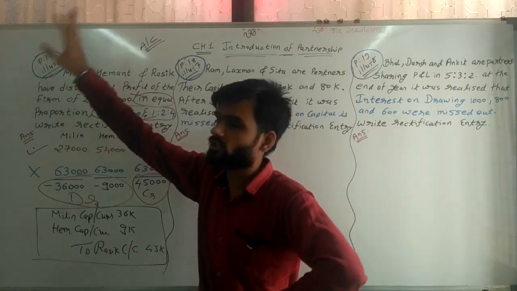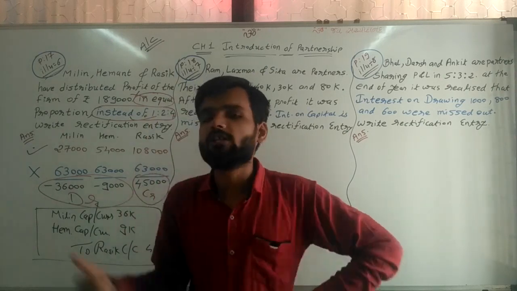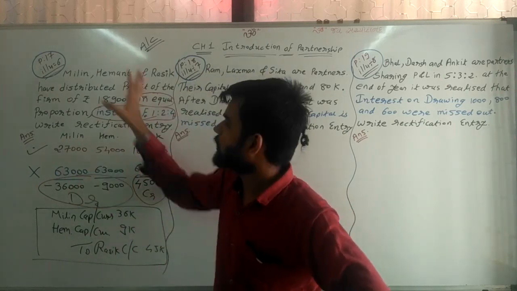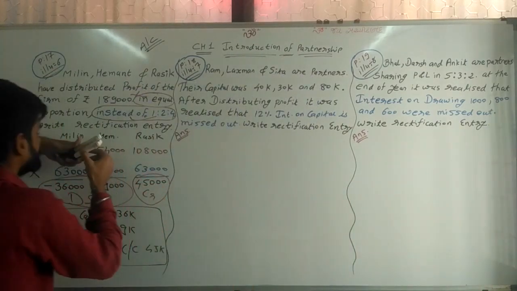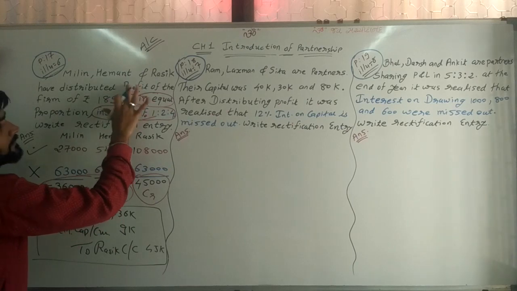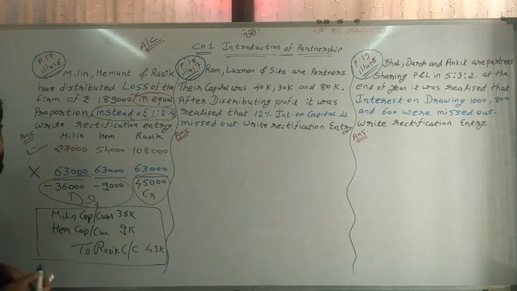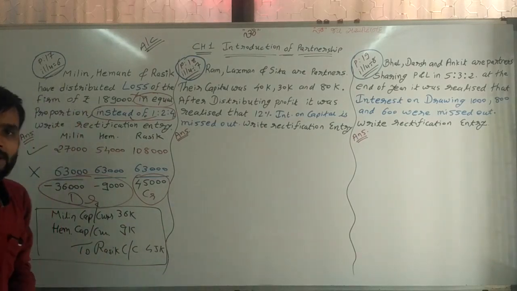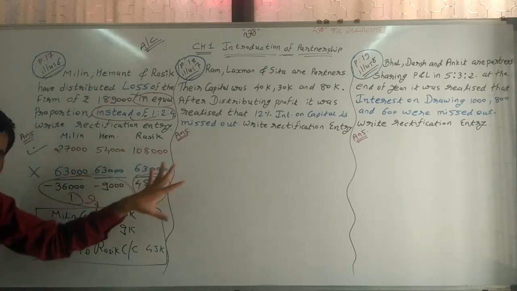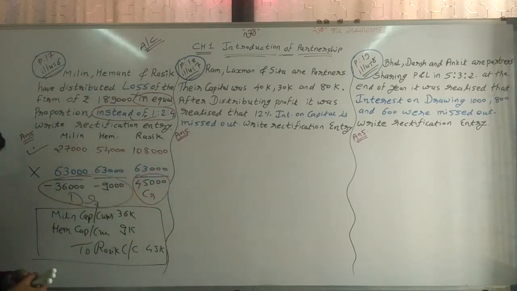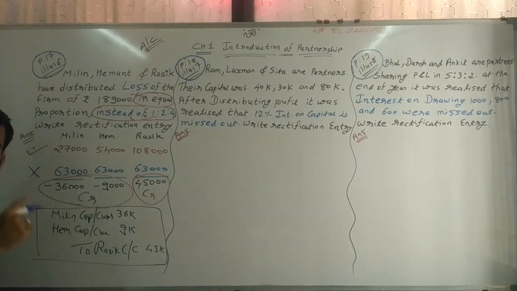So one question, illustration number 6, is completed. But I can make a second question on this basis. Here what I am doing, I am only changing profit. Instead of profit, I can write loss here. And in this question, if loss is there, then the calculation remains the same. But instead of debit, we are doing credit.